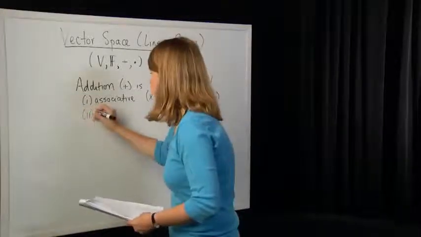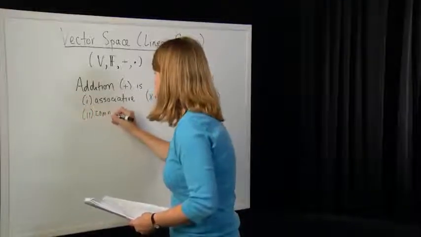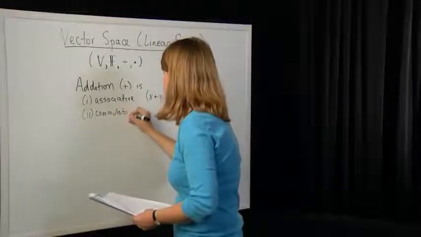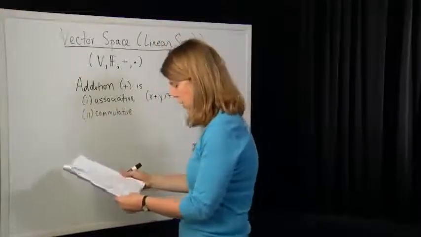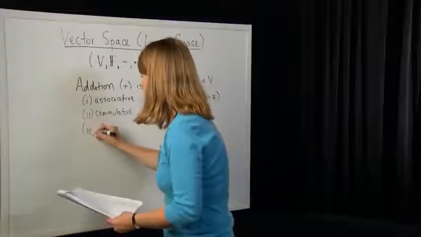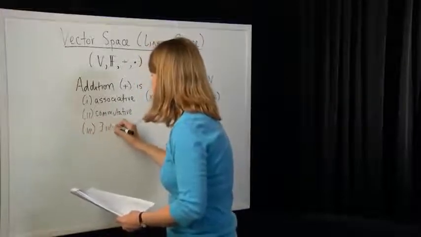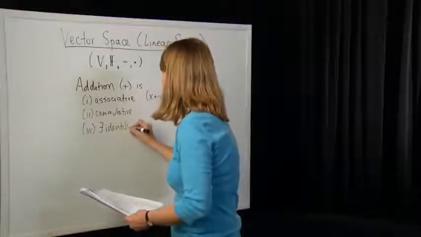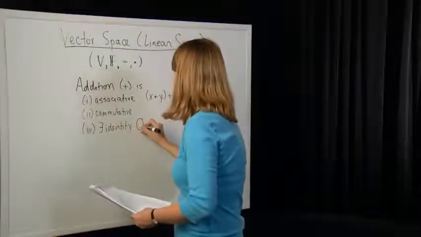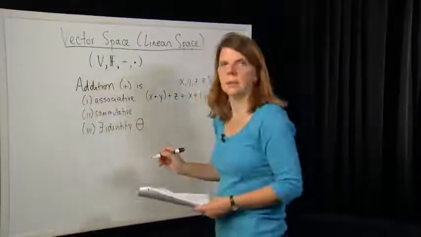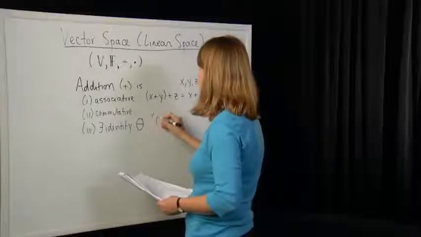Commutative, associative. Addition is also commutative. You can change the order of operation. There exists an identity element under addition. And we're going to use this terminology in this course, theta, to represent the zero vector.